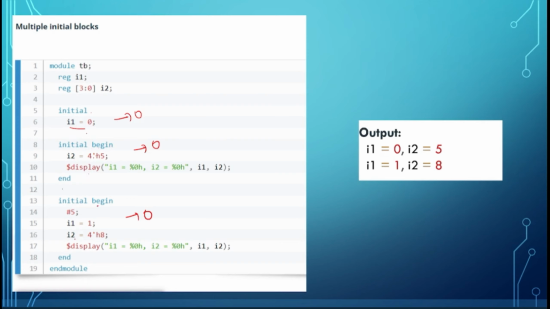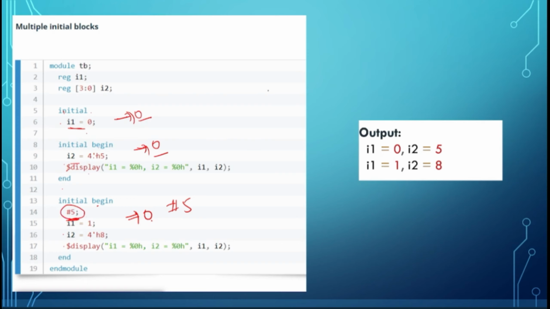And then in the third initial block, I have taken 5 time units of delay, and again changed the values of I1 and I2. So now, all three will be starting at 0 time unit, but when coming to the output, this is at 0 time, this is at 0 time, since you didn't give any delay, but this is executed after 5 time units since you have given a delay of 5 time units.